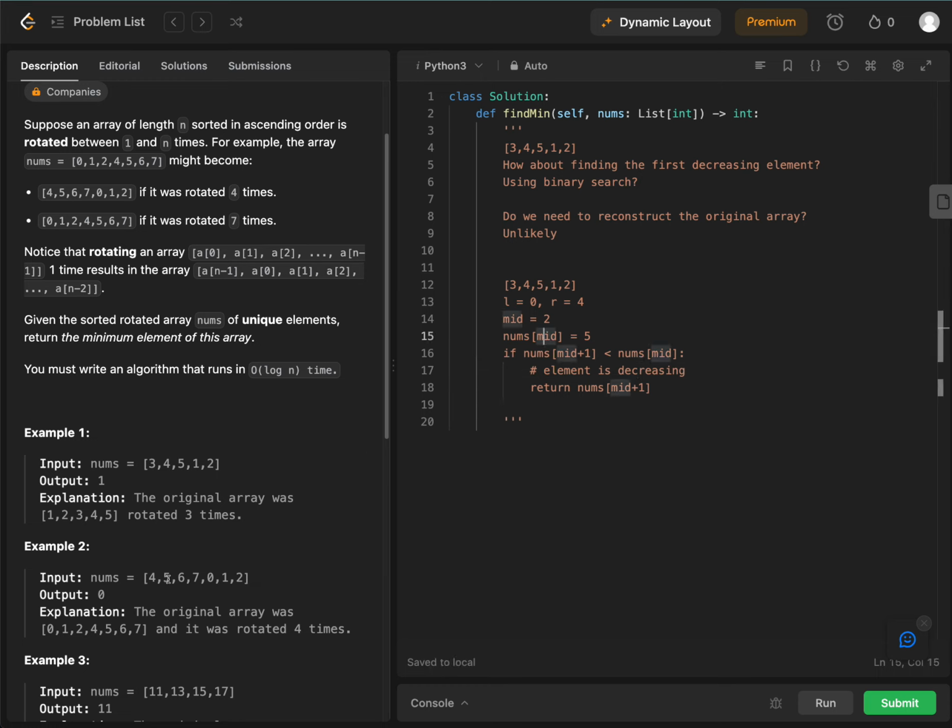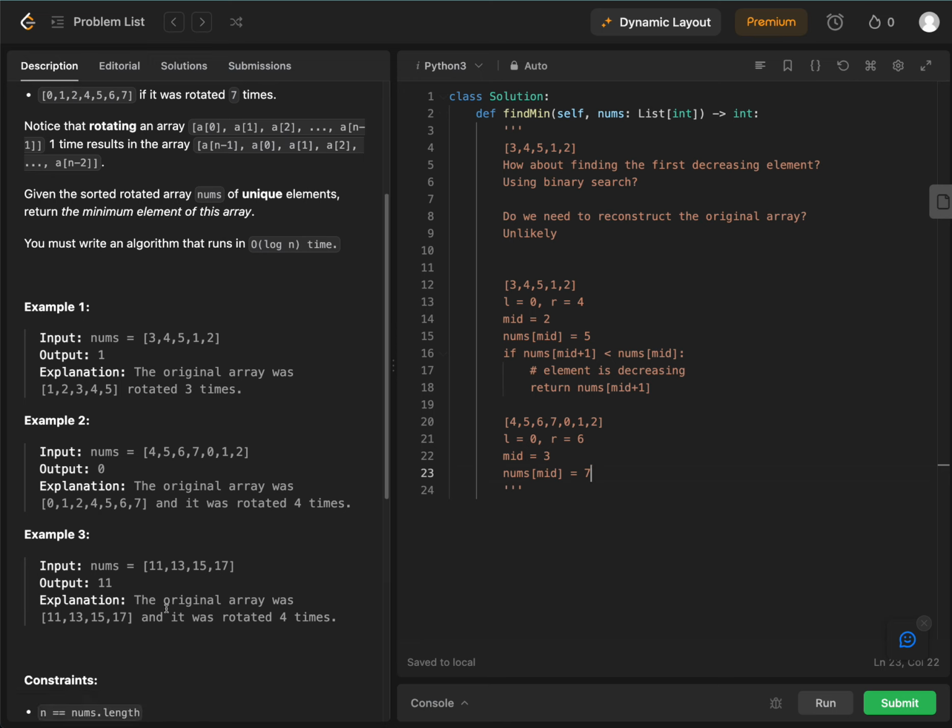So assuming we have this particular example again, left equals 0, and right is 6, 0, 1, 2, 3, 4, 5, 6. Left plus right divided by 2, mid equals 3, and then nums[mid] equals 7. No, this is exactly the same example. Let's try it with this.